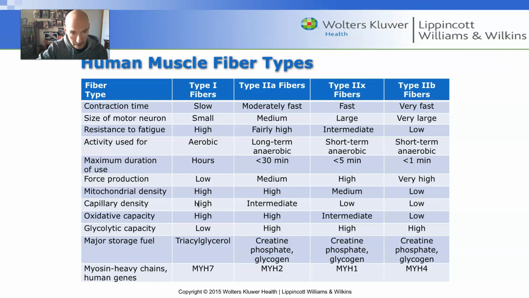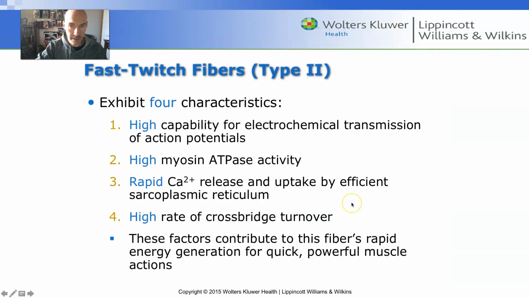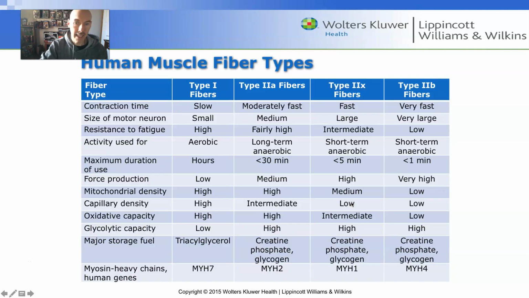On the other hand, there's low to medium capillary density and mitochondrial density for type 2X, because they rely mostly on your anaerobic energy system. Low glycogen capacity in type 1 because they rely mostly on fat for fuel. High glycogen capacity in type 2X because they rely mostly on carbohydrate for fuel.